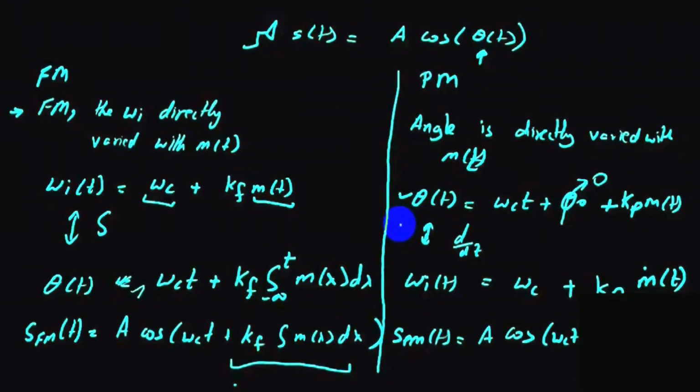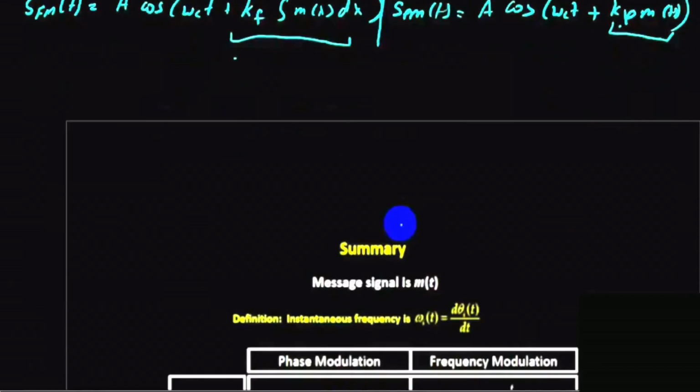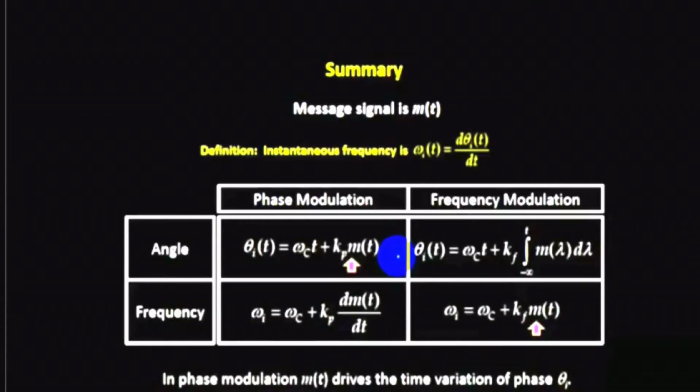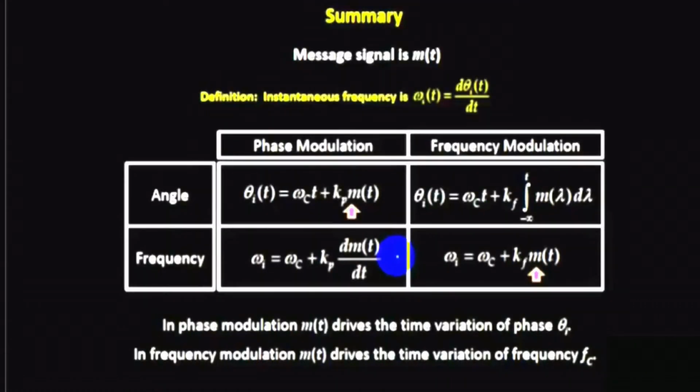Right. So as a summary, we have this table that summarizes the discussion so far, that is between phase modulation and frequency modulation FM. The parameters of interest are angle and the instantaneous frequency. So if angle is basically directly proportional to the message signal, then you would have phase modulation.